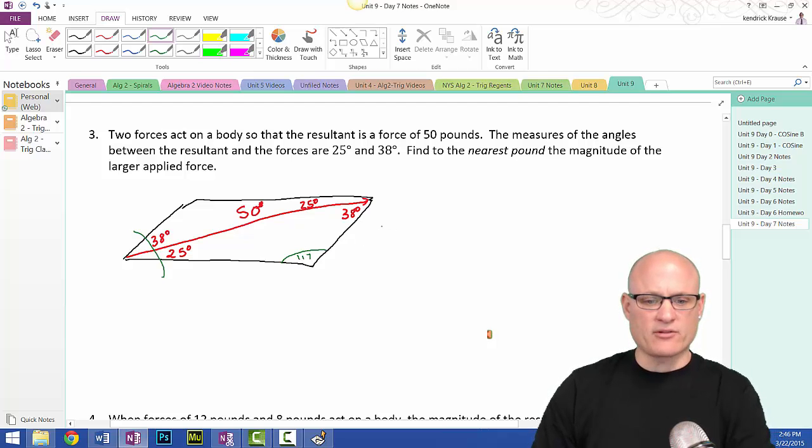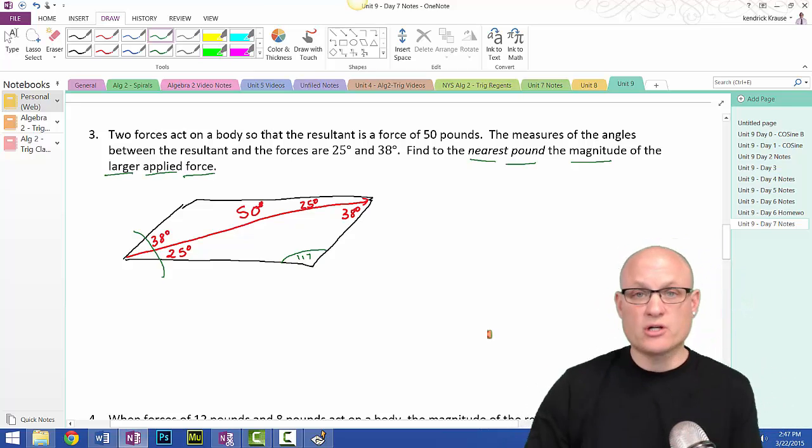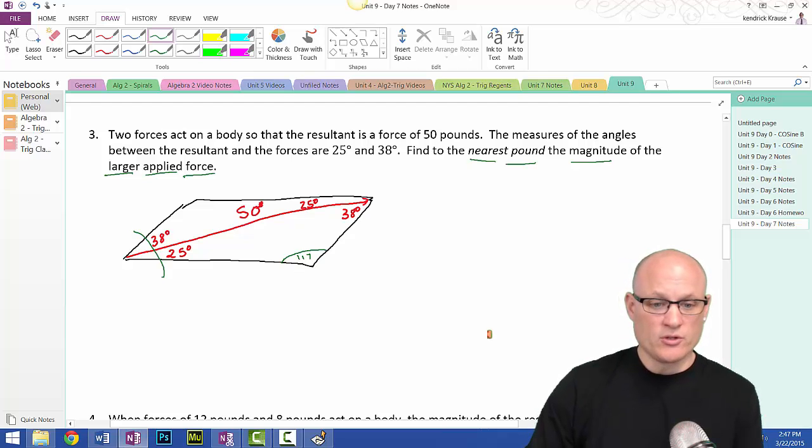All right, let's see what they're asking for. We want to find, to the nearest pound, the magnitude of the larger applied force. All right, so the larger applied force would be here. I'm going to call this x. Now, the angle opposite this would be here. We'll call this x. And so I want to find this x. I want to find this side right here.